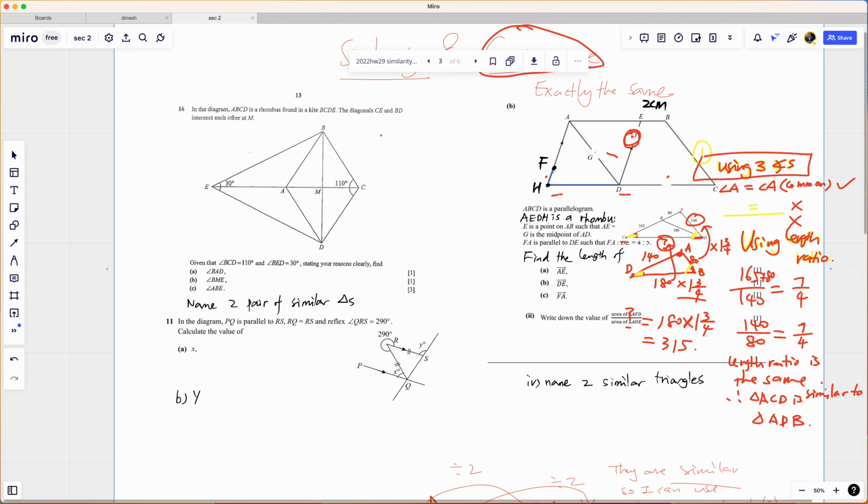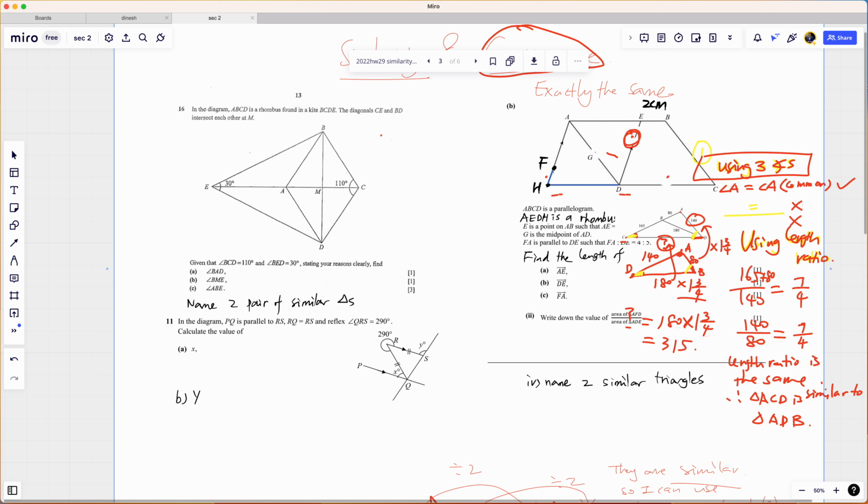ABCD is a rhombus. So, rhombus means what? Opposite angles are the same. So these two, they are the same. These two, they're also the same. Correct. So that's how you get 110.